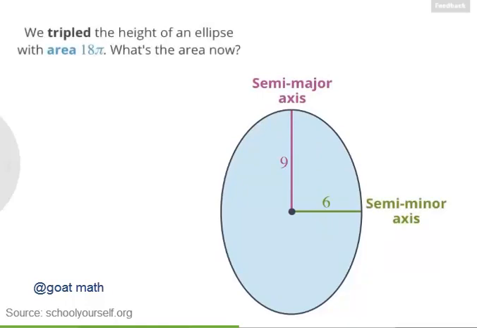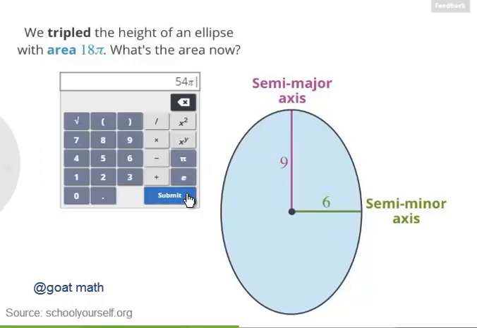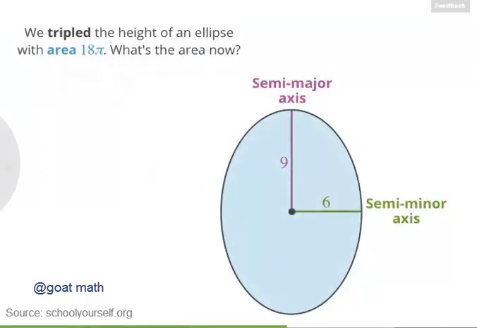So, we took an ellipse that had an area of 18 pi, and we've tripled its height. What do you think is the area of this ellipse? Brilliant! This ellipse has an area of 3 times 18 pi, or 54 pi. And once again, you'll notice that 54 equals the product of the semi-major and semi-minor axes. 9 times 6 equals 54.